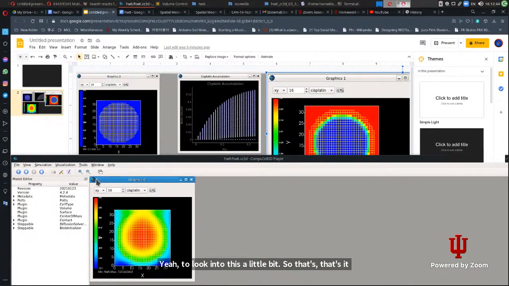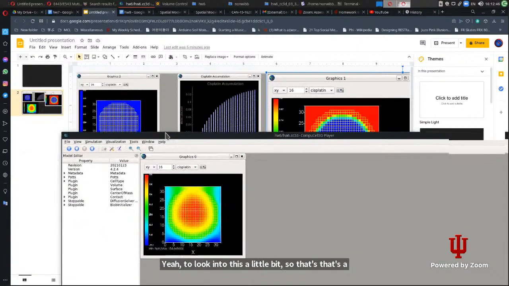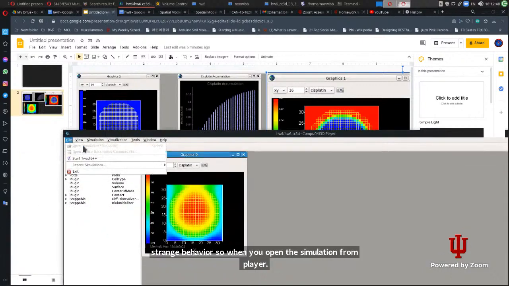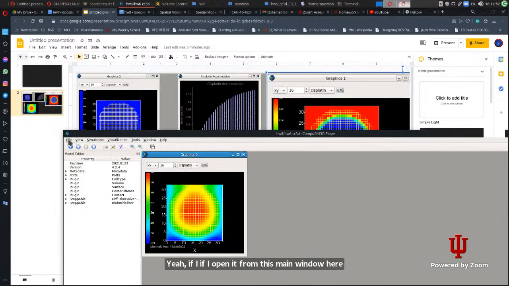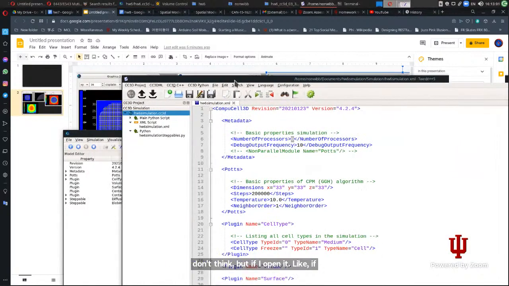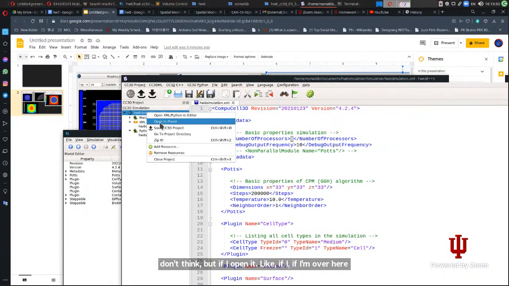So when you open the simulation from the main window here, then it doesn't load any of the Python stuff, I don't think. But if I'm over here and I open in player, on the right side here, then it seems to work how it should.